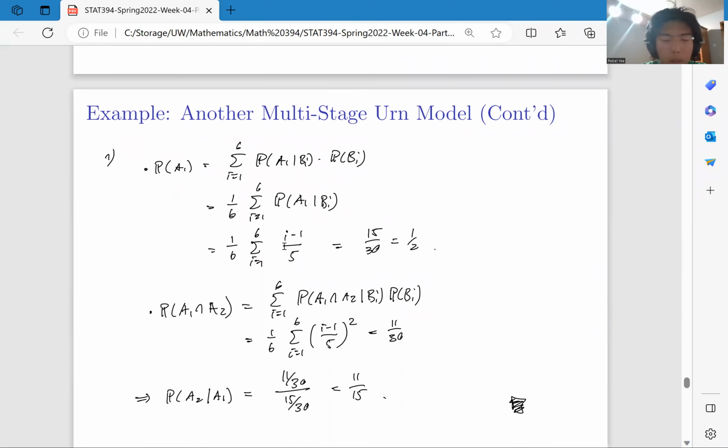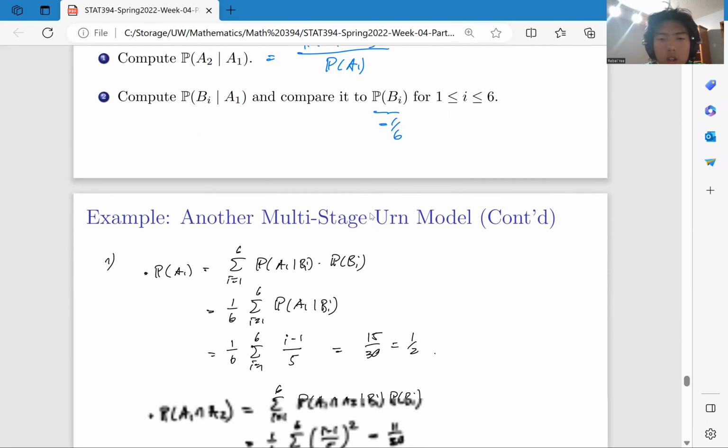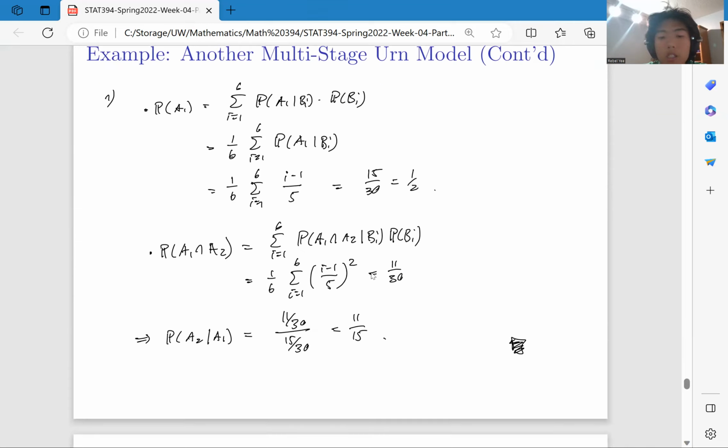And also the probability of A1 intersection A2. This is calculated as the sum of P(A1 intersection A2 given B_i) times P(B_i). Once we decide the urn, we repeatedly choose balls from that urn. So once the urn is fixed, we do not consider any change in the number of red balls inside it.